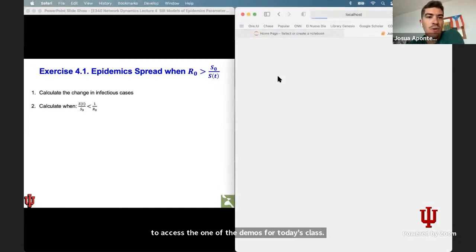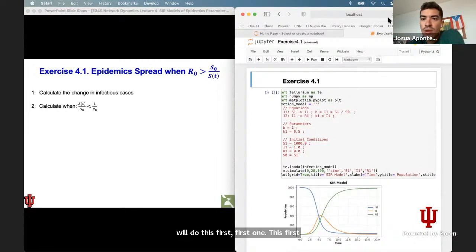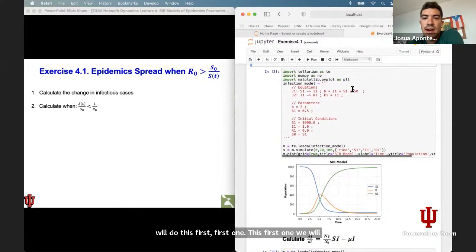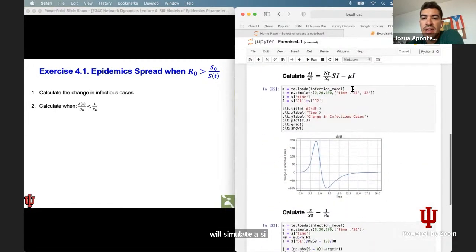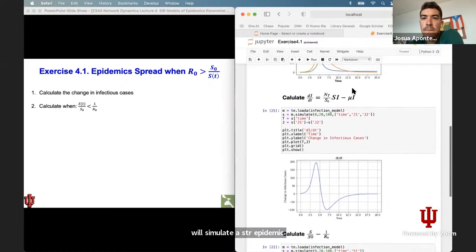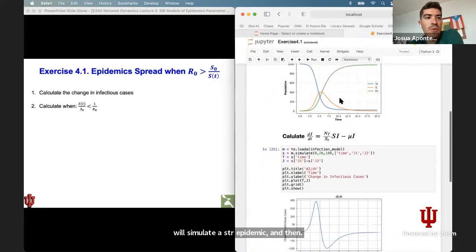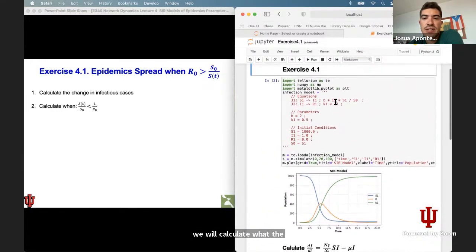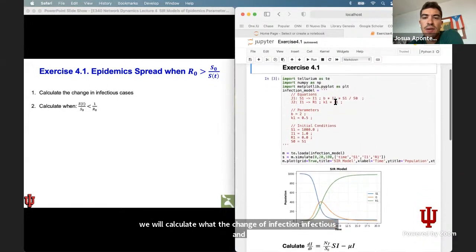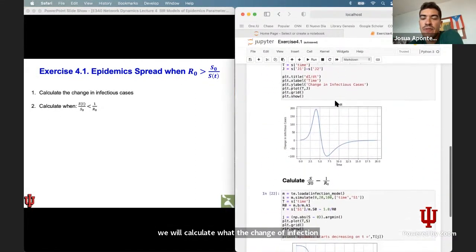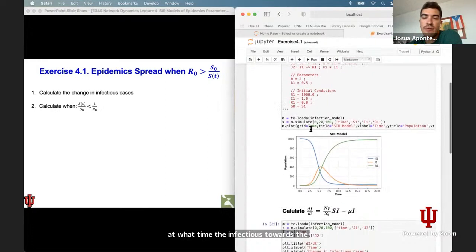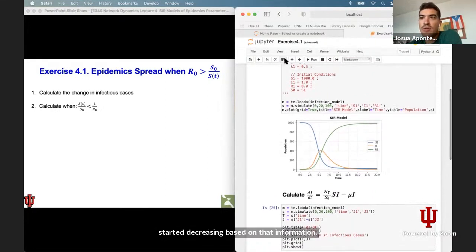In this first one, we will simulate an SIR epidemic, and then we will calculate what the change of infectious individuals is, and then determine at what time the epidemic starts decreasing based on that information. So again, I'm just going to give people a couple of minutes.